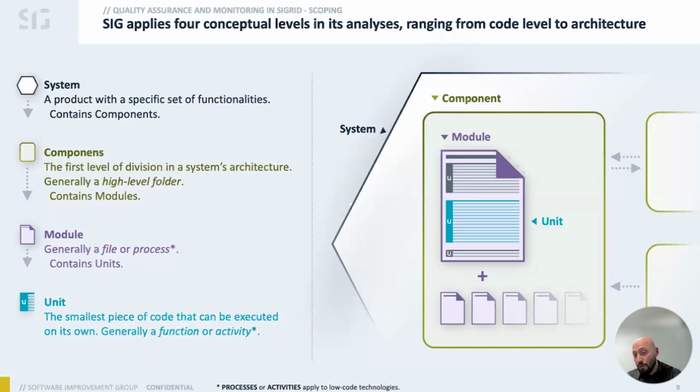And the component is where you, based on the functionalities of those units or files, put them in blocks, and that's actually the component level, or the high-level folder. And those modules and components will interact with each other. So usually we start asking new teams, could you draw a design picture maybe of your system? Then they start with boxes and lines, and those boxes would usually be the components.